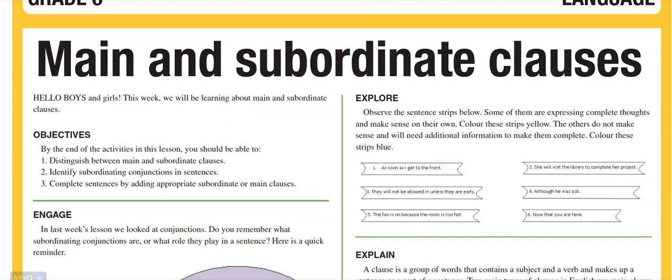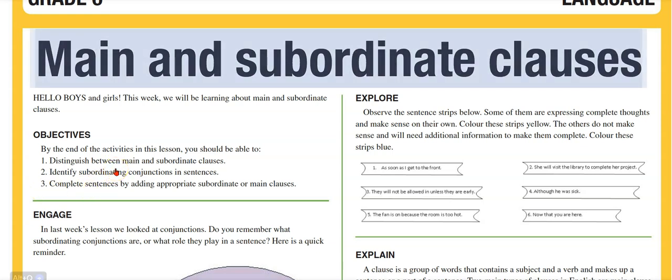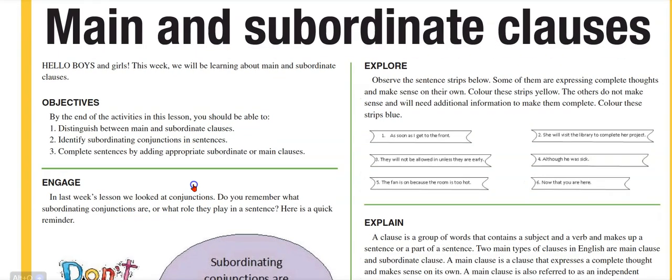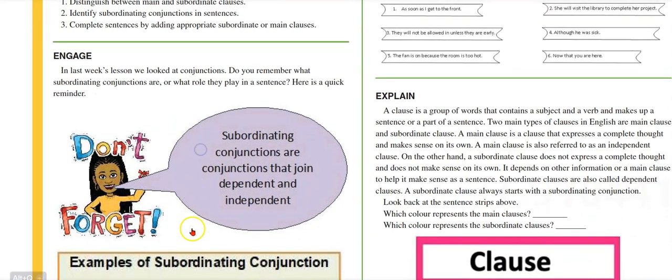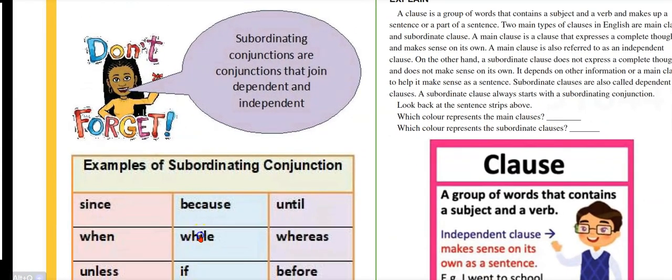So in this episode, we were looking at main and subordinate clauses, right? So if at the end of this lesson, you're able to tell the difference between the main clause and the subordinate clause, if you're able to identify some of the subordinating conjunctions in a sentence, and then complete sentences using the appropriate subordinate clauses, then we'd have had a successful lesson.